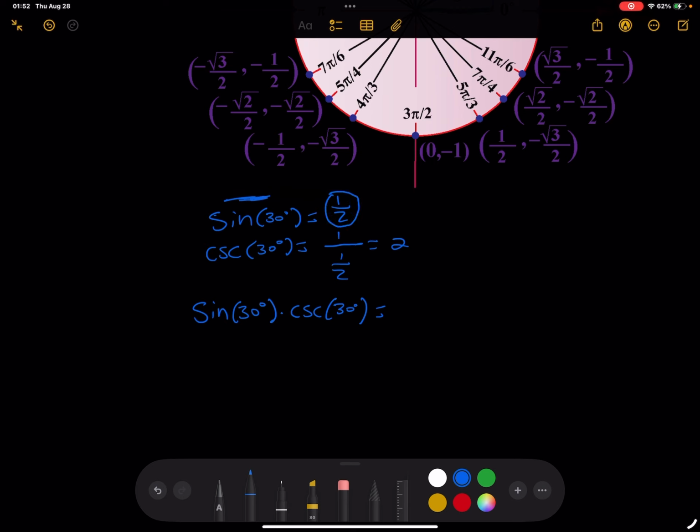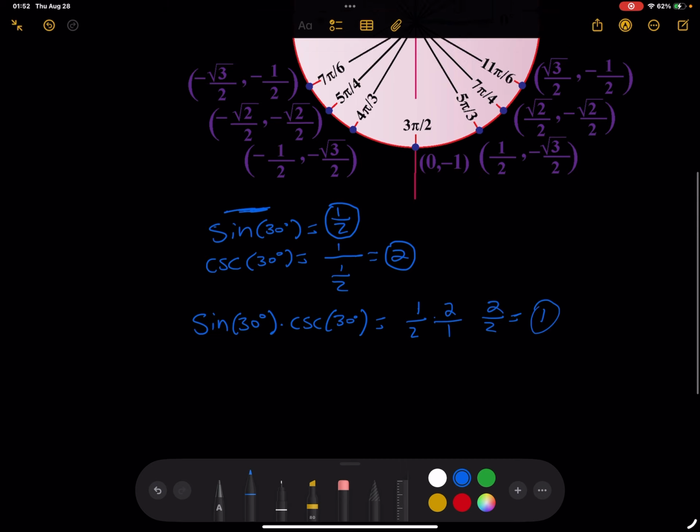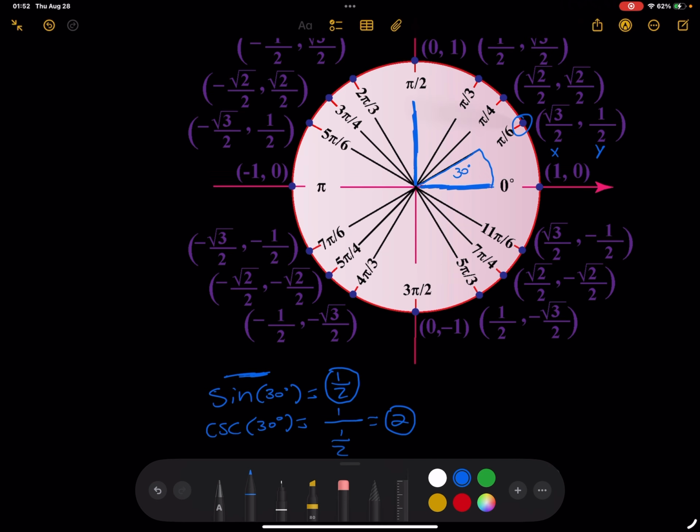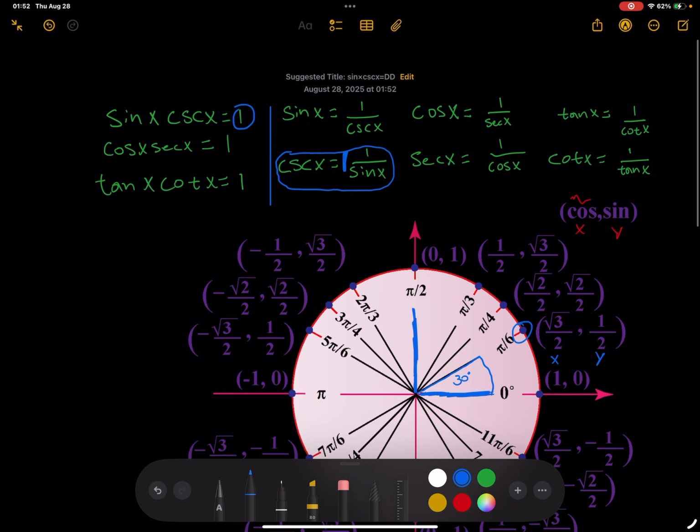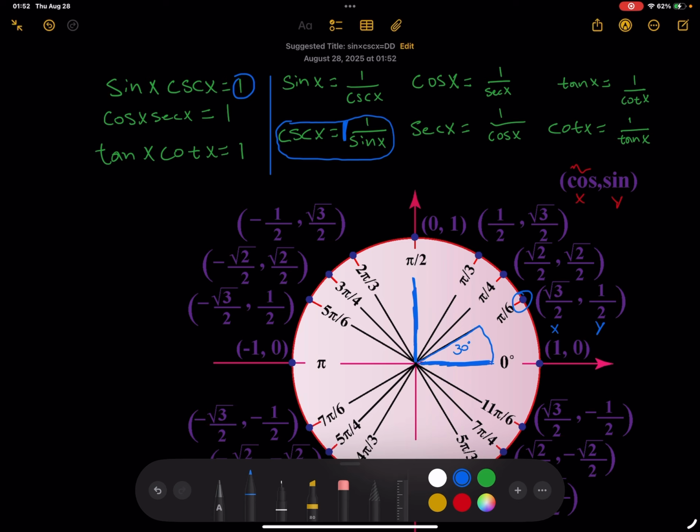So 1/2 times 2, which is 1/2 times its reciprocal. If we do the math here, we get 2 over 2, which is equal to 1. And that's exactly what's going on here. That's why sine x times cosecant x is equal to 1.